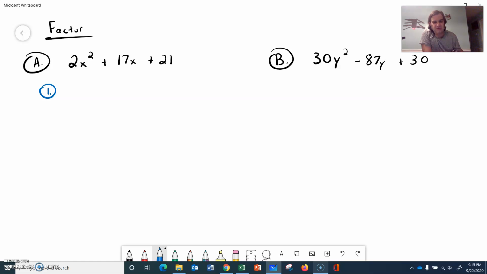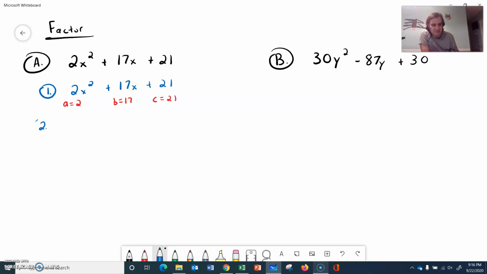Nothing will go into all three of those, so my first step is not really going to accomplish anything. But if you watch the videos, you know that if you skip the first step, sometimes you will make mistakes. So in this case, our A would be 2, our B would be 17, and our C would be 21.